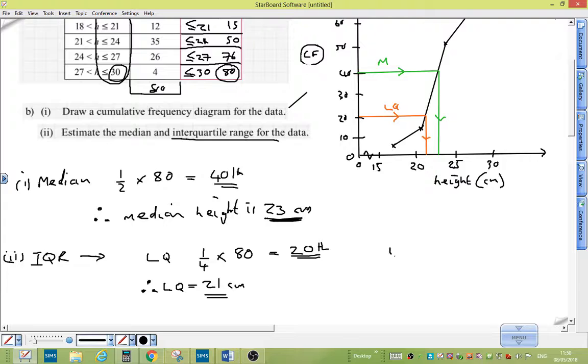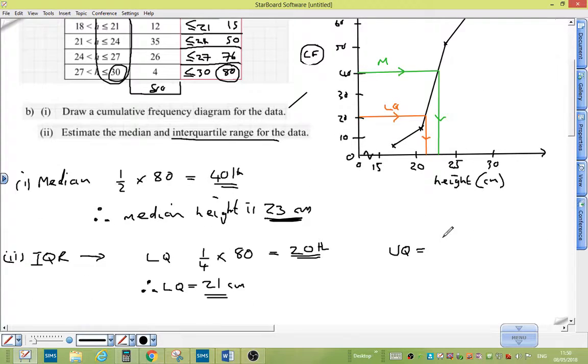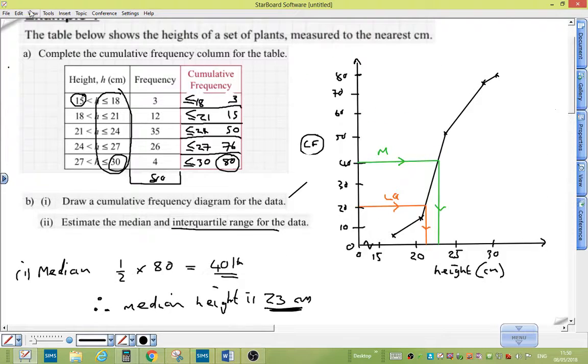In a similar vein, we need to find the upper quartile. Now you can read 20 down, or you can just work out 3/4 of 80 gives you 60. 80 divided by 4 is 20, times by 3 is 60. It is the 60th value. So we've got to read off at 60.